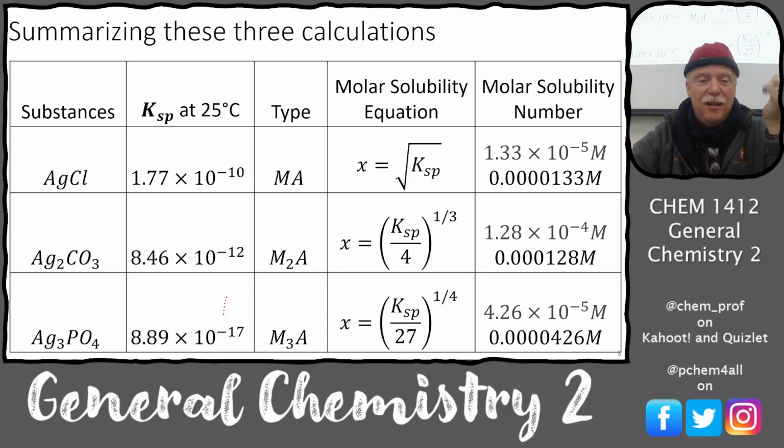The bottom one, 10 to the minus 17, because that's the smallest KSP. But you've got to take into account the M3A, the M2A and the MA. Since this one is MA, you're going to be taking the square root, so you would take this and divide by 2.